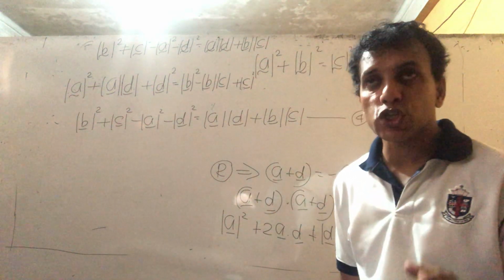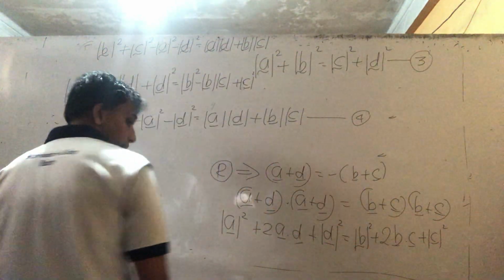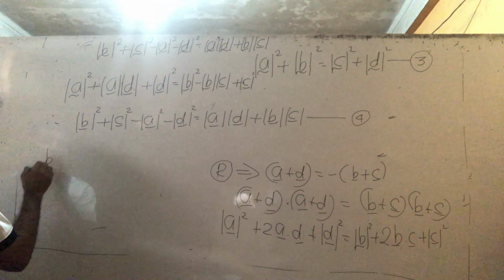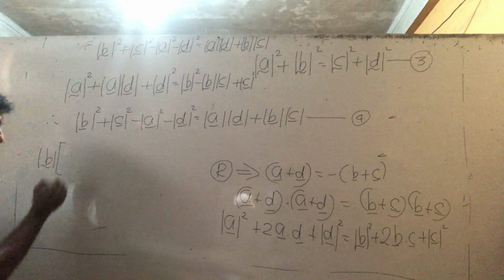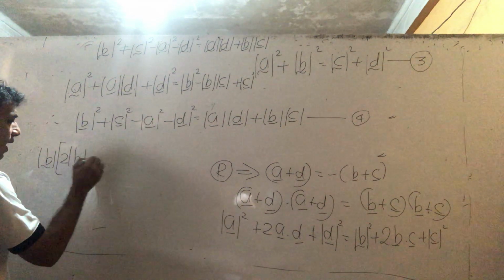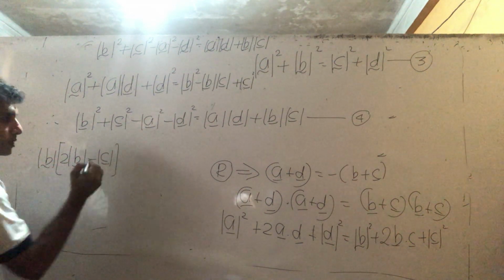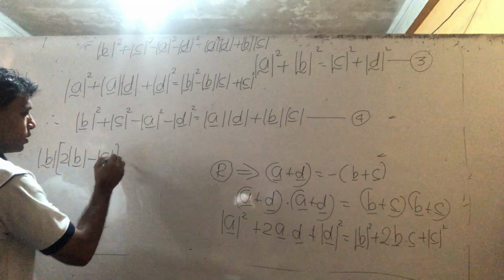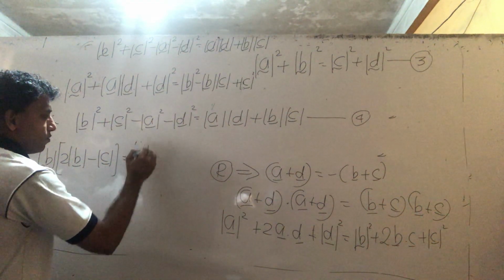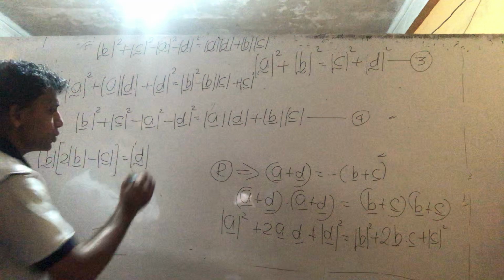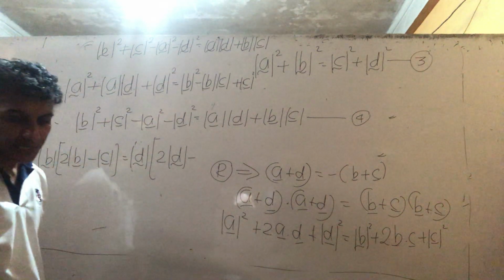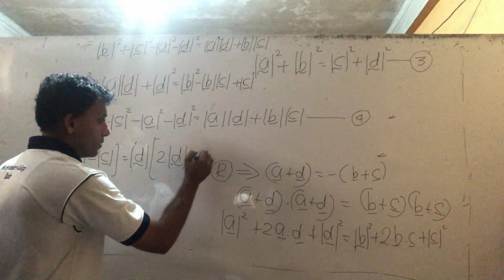Hence show that mod of vector B into 2 vector B minus mod vector C minus vector C mod equal vector D, mod of vector D into 2 into vector D plus vector A, mod of.